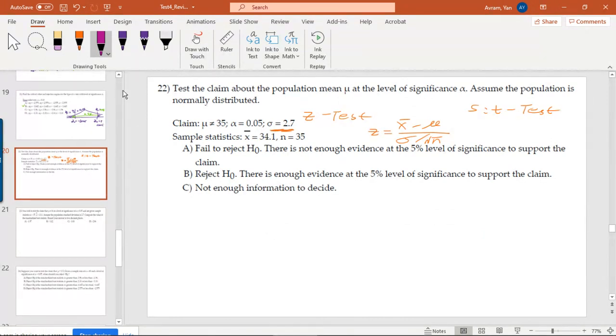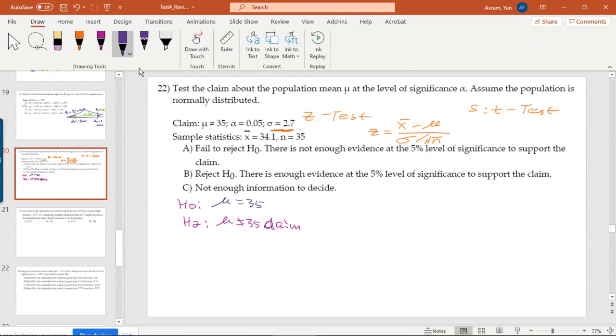In order to say fail or reject a null hypothesis, we need to write down the null and alternative hypothesis for this question. So we have mu not equal to 35. So this should go into the alternative because it doesn't have an equal sign. So my null here will be equal to 35. It's complementary. Giving you one of these, you should be able to write the other one.